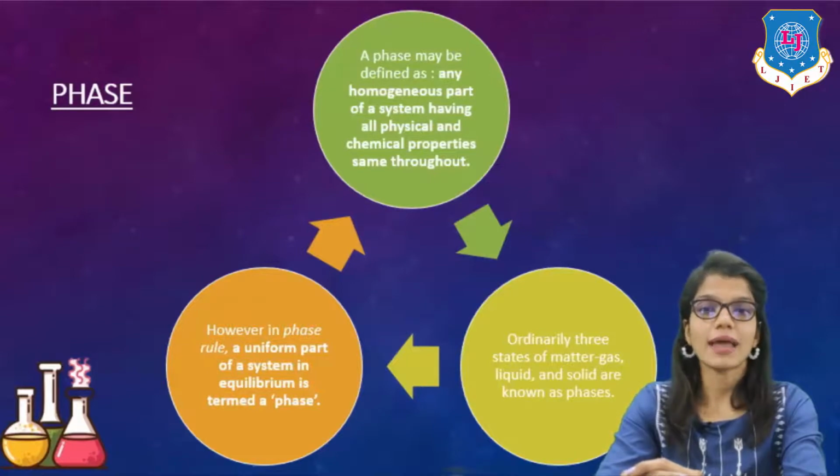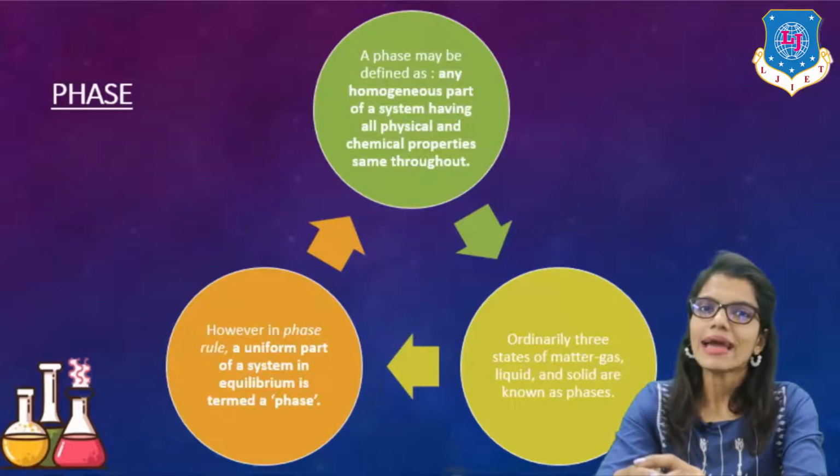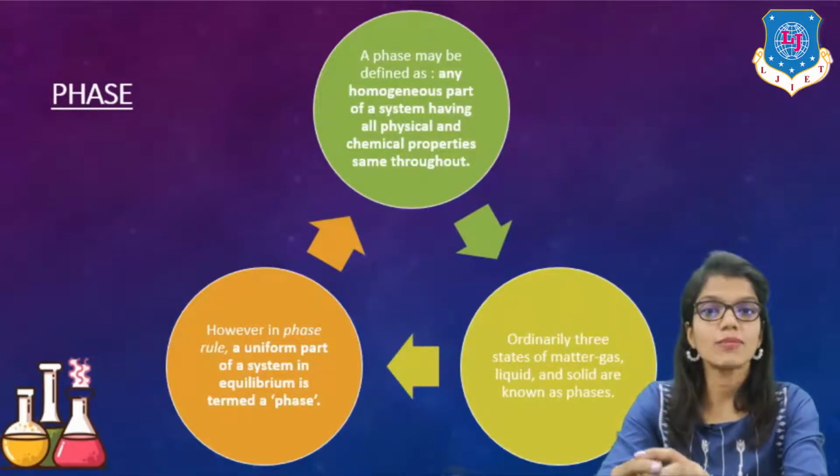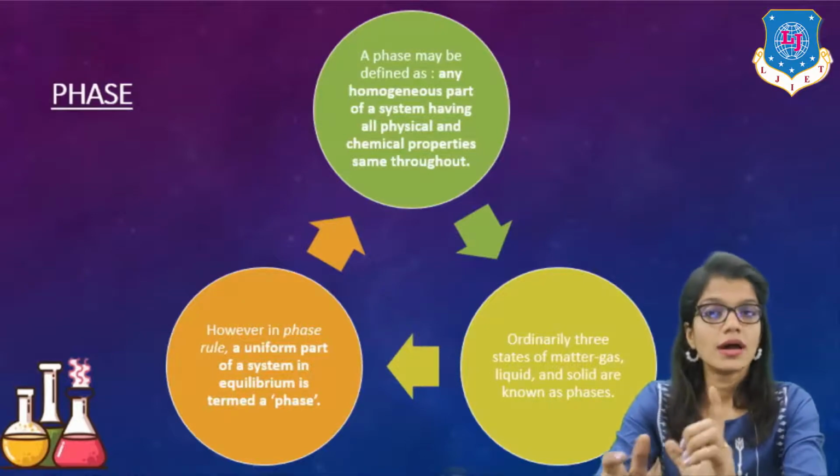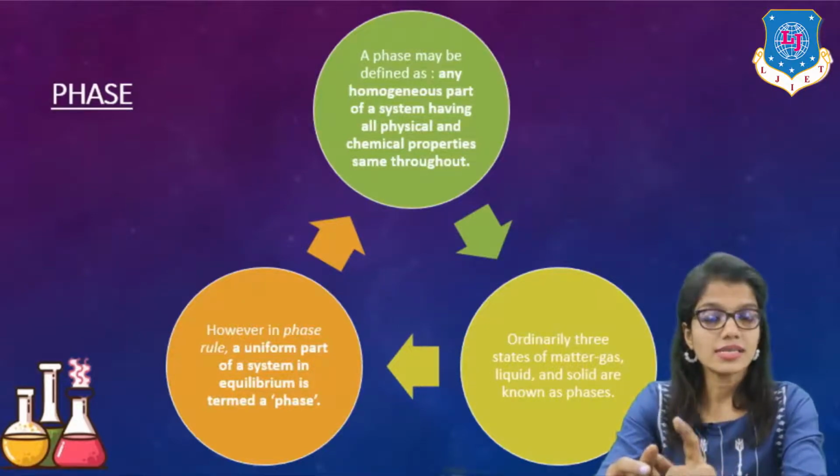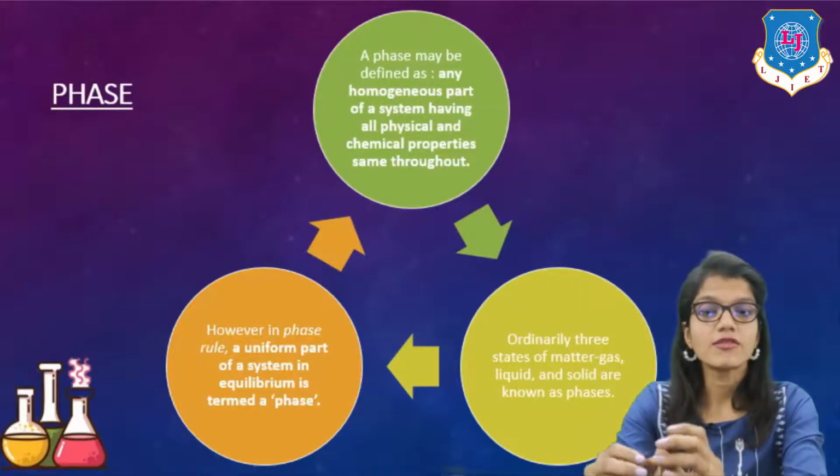A phase can be defined as any homogeneous part of a system having all physical and chemical properties similar or the same throughout. I am giving you an understanding of how the phase can be defined.